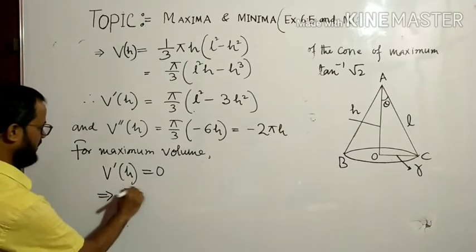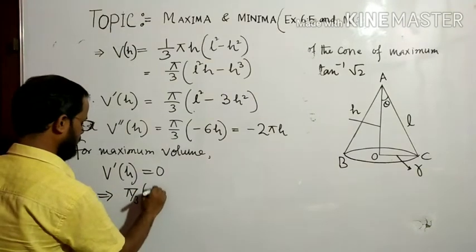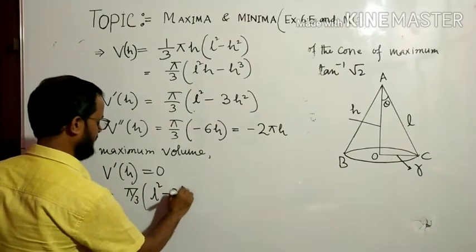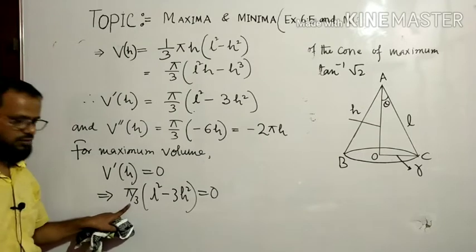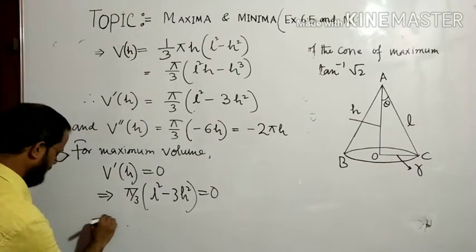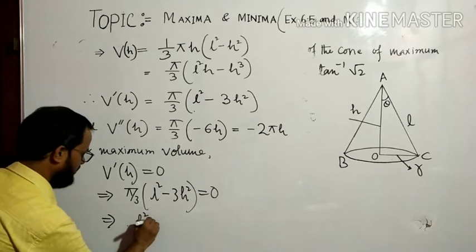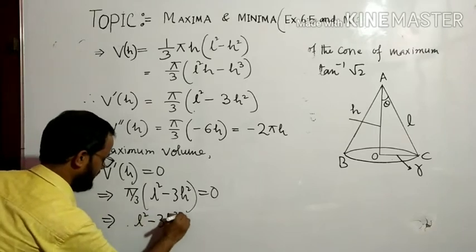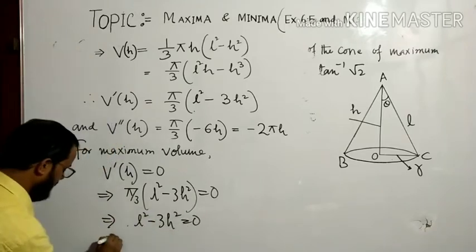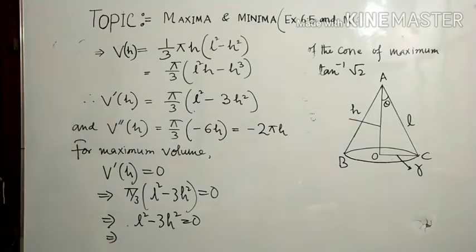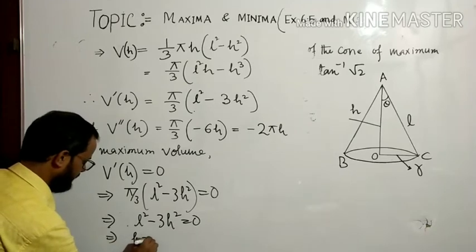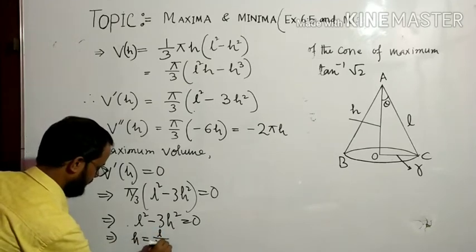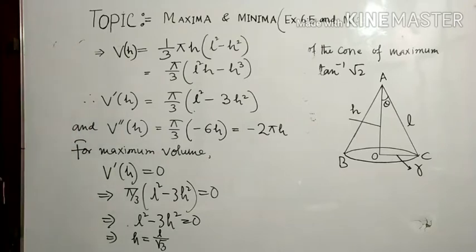It is pi by 3 into L square minus 3h square equal to 0. This pi by 3 is a constant, when it goes to the other side it becomes 0. So L square minus 3h square equal to 0, and from here you can get h equal to L by root 3. So this is the critical point.